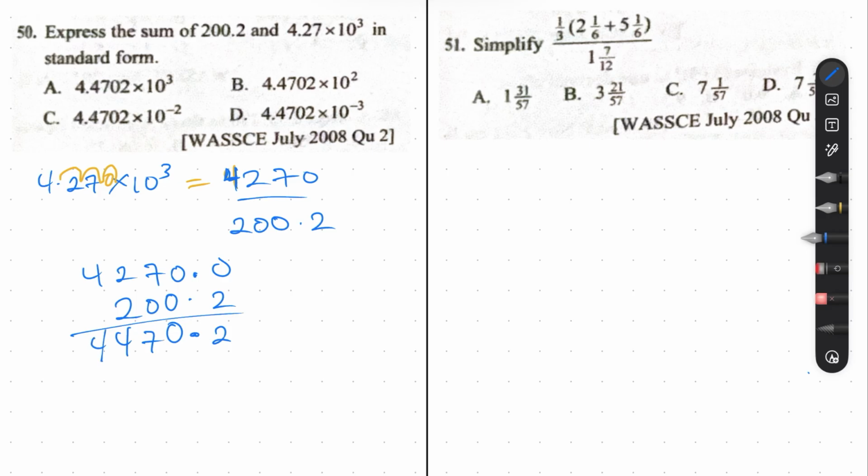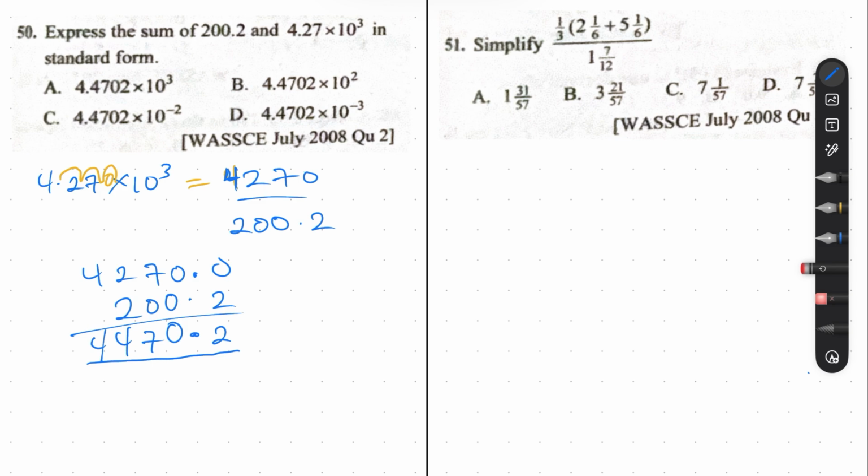Now, since we have our answer in this form, we need to change our answer to standard form. Alright, so to change to standard form, we need to move the decimal point right here to the first significant figure, which is 4, right? So let's see.